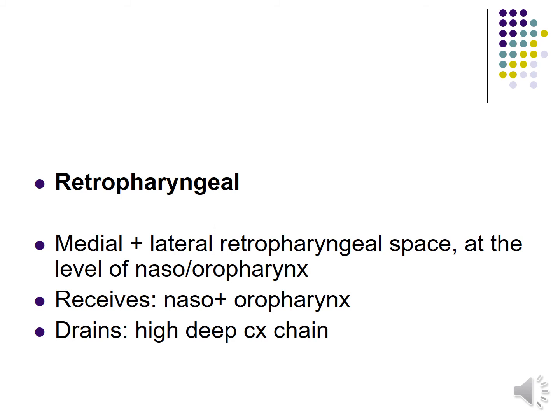Retropharyngeal group of lymph nodes, medial and lateral, in the retropharyngeal space at the level of the naso- and oropharynx, receive from the naso- and oropharynx and drain into the high deep cervical chain.